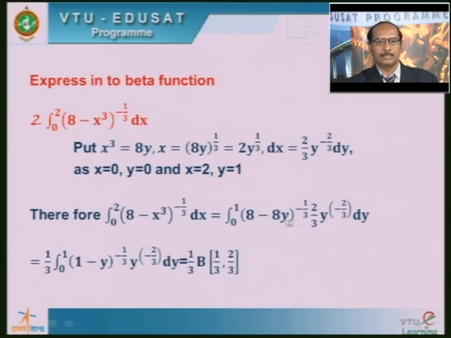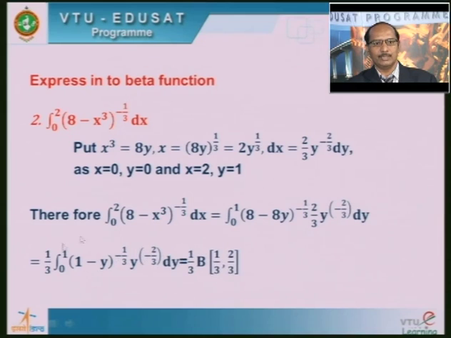Here, 8 is common, 8 raised to minus 1 by 3. What is 8 raised to minus 1 by 3? 8 is nothing but 2 cubed, raised to minus 1 by 3 is 2 raised to minus 1, that is 1 by 2. So 8 raised to minus 1 by 3 is 1 by 2. So this 2 cancels, that simplifies to 1 upon 3, 1 minus y to the power minus 1 by 3, y to the power minus 2 by 3.